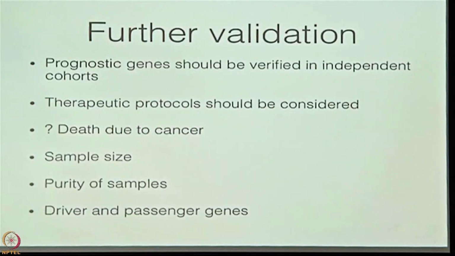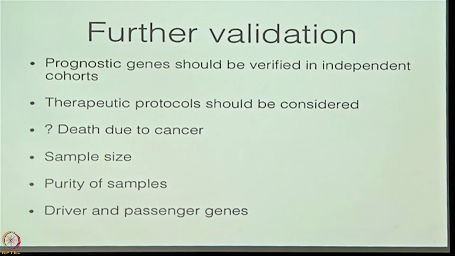A few points just to leave in your mind as I finish. These prognostic genes, as we heard in the morning, have to be verified in an independent cohort. Secondly, the death, which was a question that Joshua raised earlier, we are assuming that the death was due to the cancer, but we don't know.